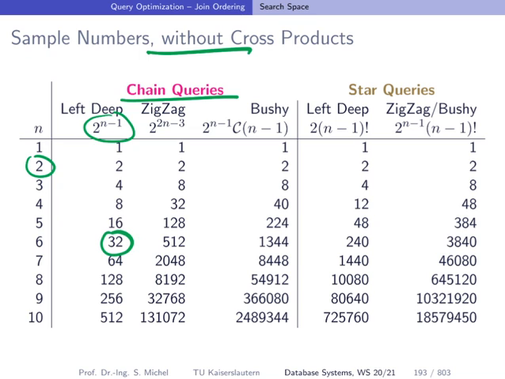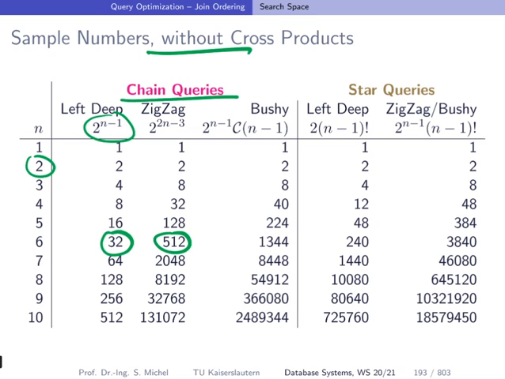If you say that you want more flexibility, because left deep might not always be the best one, and in general it is not always the best one, you have cases in practice where left deep trees are not good and you want to allow also zigzag trees. Look what's happening then. You have to consider already 512 different zigzag trees, right? Of course, these 512 include these 32, because zigzag is a superset of left deep.